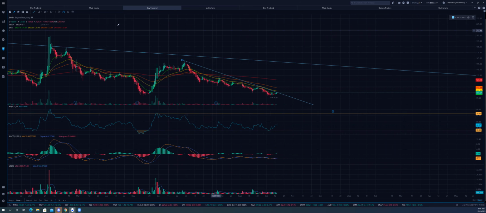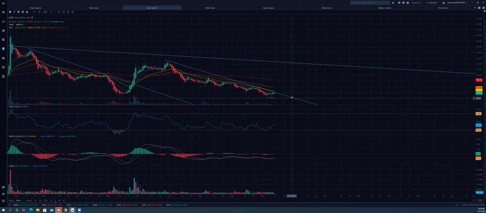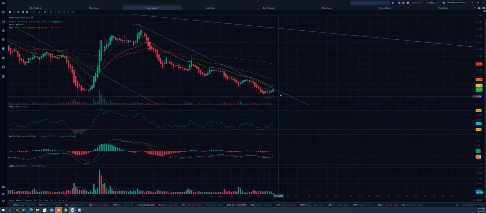Get a horizontal line in here. You see this downtrend broke with volume. The volume came in right here when it was at 120, and then eventually pushed up all the way to 160. So you're looking for the same thing over here: break this downtrend line right here, and then volume has to come in.